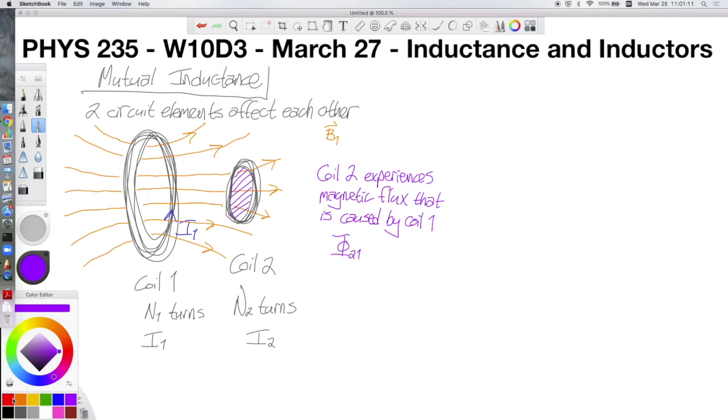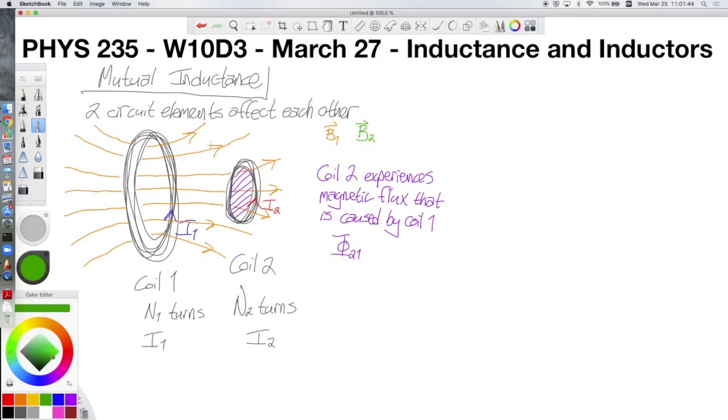So I'm going to draw B2, because if there is current flowing around in coil 2, and I'll label that one in red, it could be either direction, but we'll call it I2. Okay, cool.